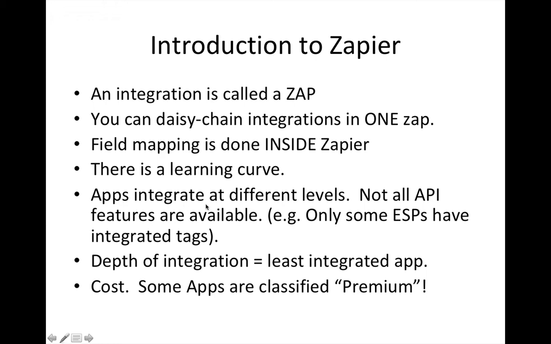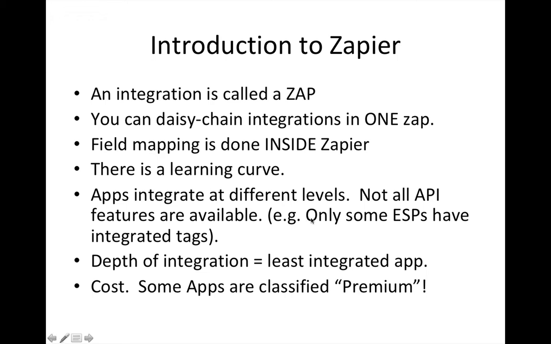Also, the apps integrate at different levels, so not all the API features are available. In fact, hardly much of the API has been integrated into Zapier. I guess they look at the 5% or the 10% that is required by most people, which is generally passing leads and emails between the various CRM slash email marketing systems.